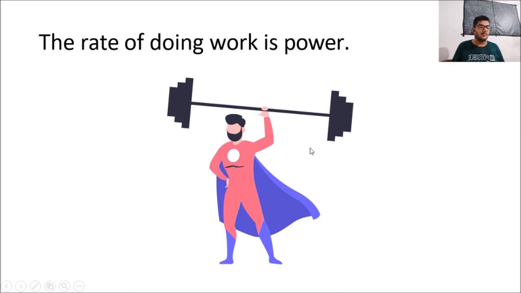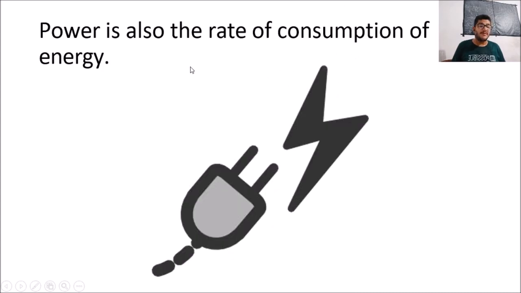If you do work in 1 minute versus in 1 second, your power will increase because the rate of doing work is increasing. Work per unit time. Power is also the rate of consumption of energy: how much energy you consume is also known as power.